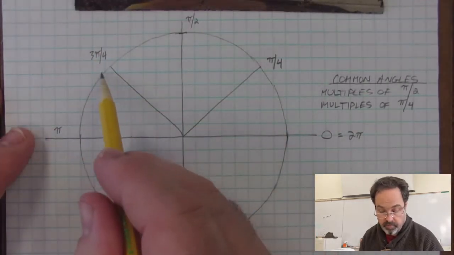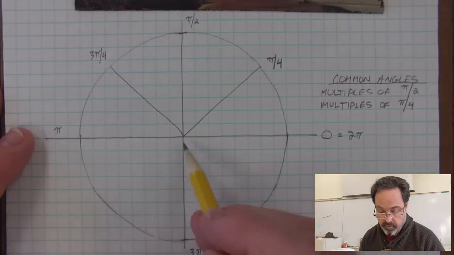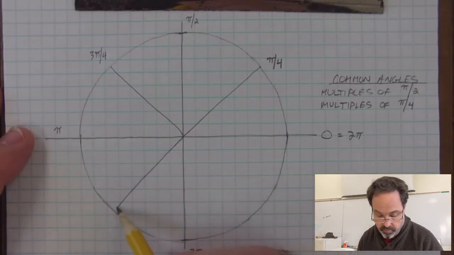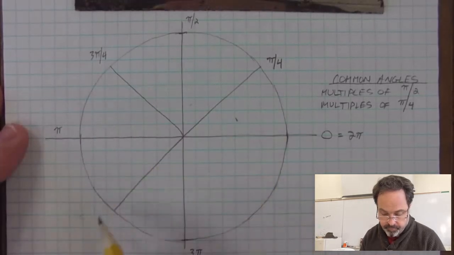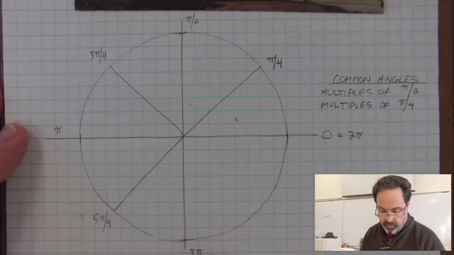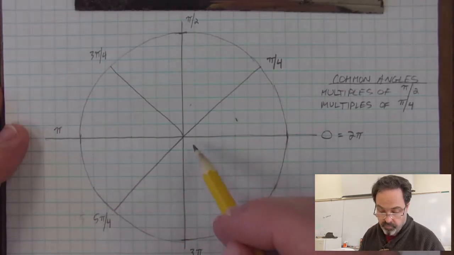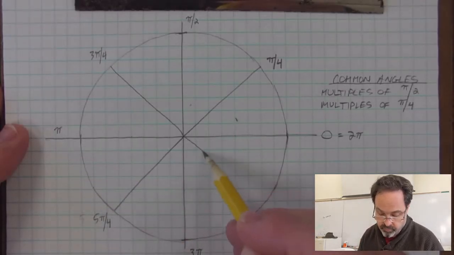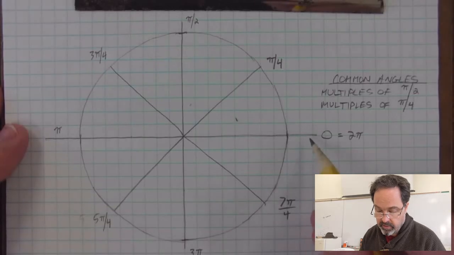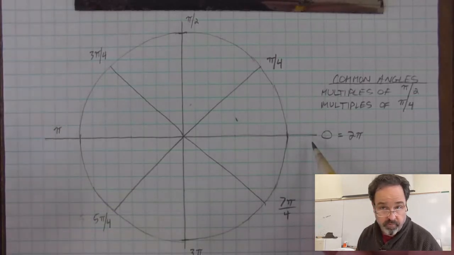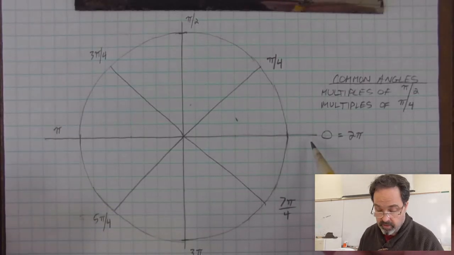Pi is a multiple of pi over 4. We get into the third quadrant at 5 pi over 4. And then 3 pi over 2 is a multiple of pi over 4. And the last one before completing a circle is 7 pi over 4. And then 8 pi over 4, which is the same thing as 2 pi.